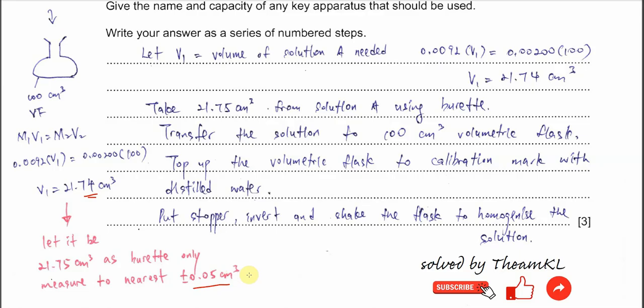So we cannot really take exactly 21.74 cm³ from the burette, because in the lab, one of the most accurate apparatus for taking solution is a burette. Therefore you must put 21.75 cm³. You cannot put 21.74 cm³.